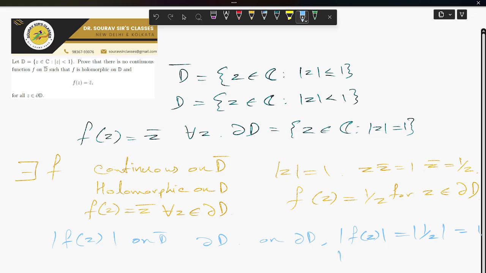Therefore, our mod of f z is less than or equal to 1 for all z belonging to D bar.